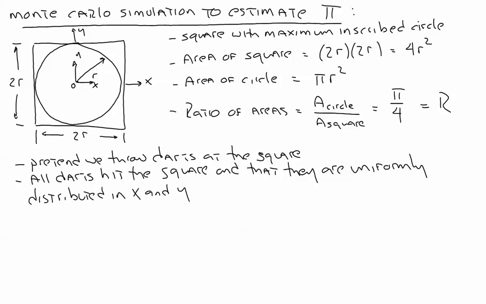So I'm going to pretend that I throw a whole bunch of darts at the square. I'm going to assume that all the darts hit the square and that they are uniformly distributed in x and y.